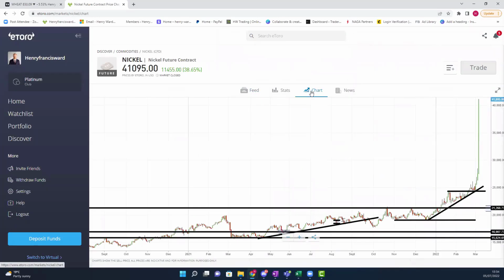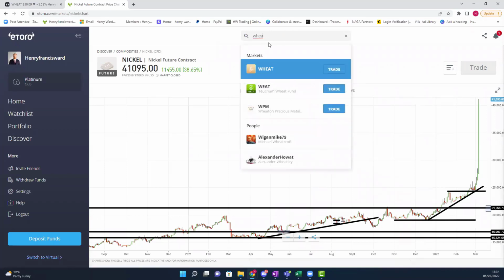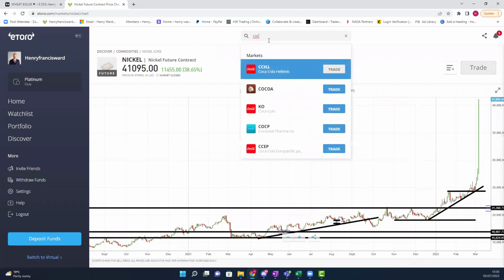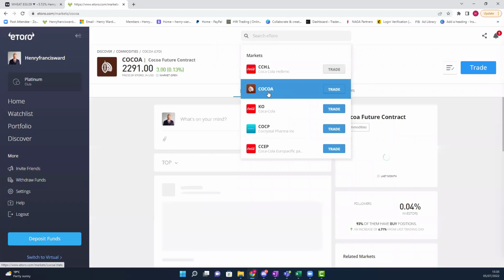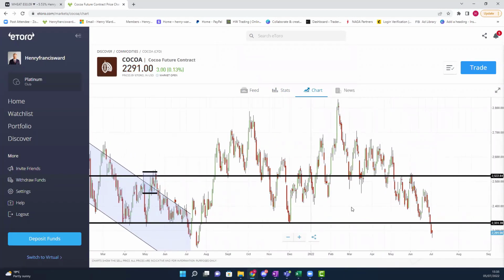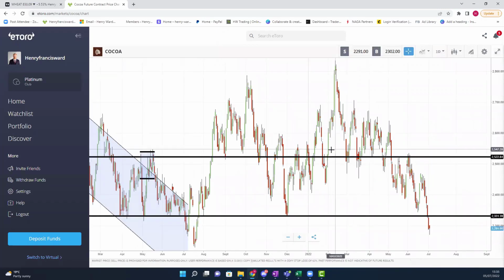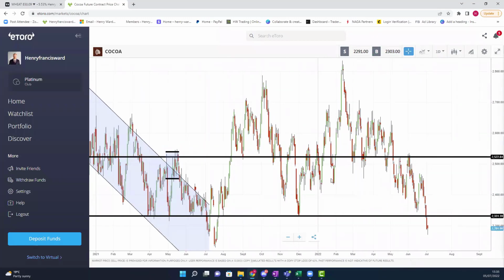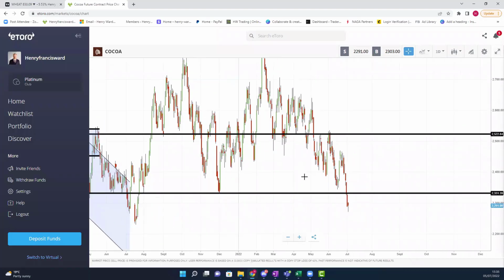Nickel. Nope, not as probably charts anymore. We've done that already. Again, cocoa had a really nice level, and again, has broken that level that we have there.